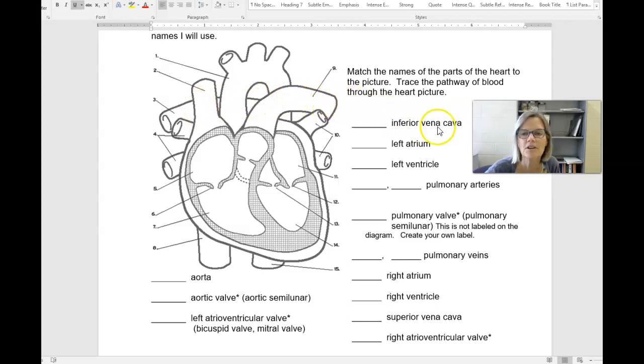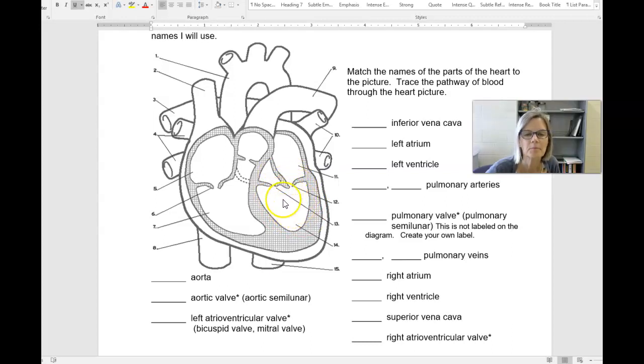From the pulmonary arteries, it goes to the lungs and picks up oxygen and comes back to the heart in the pulmonary veins. There's two of them there, and there's two of them there. So the oxygenated blood enters the heart through the left atrium, through the mitral valve, also called the bicuspid valve, into the left ventricle.